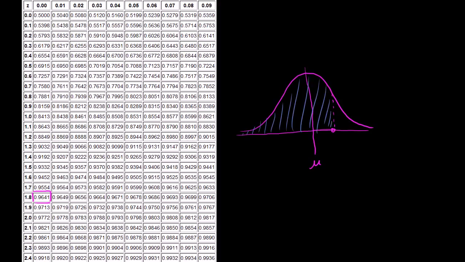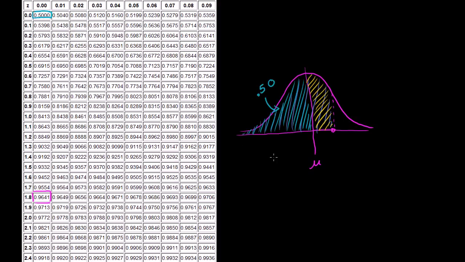So if I want just this area right here, from this 0.9641 I need to subtract the probability that you're less than the mean, or you're less than the mean plus 0 standard deviations. So this value right here is 0.50.